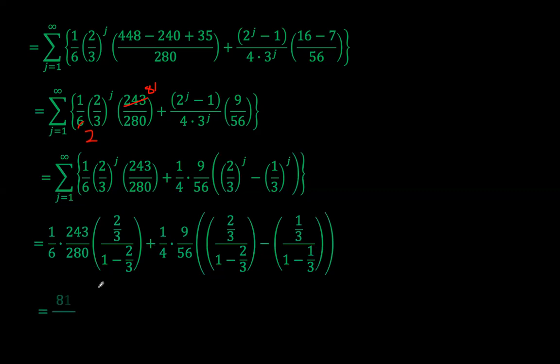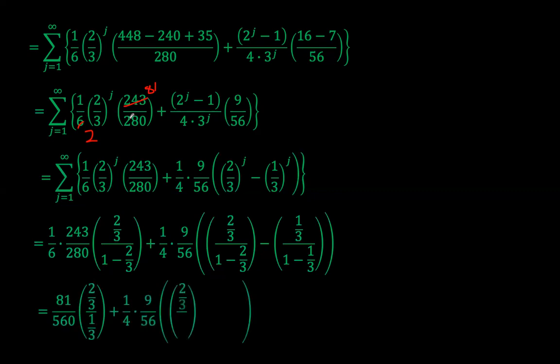Okay. So as I pointed out, we have 81 over 560 as we calculated here. And we have 2 over 3 minus a third from here. And so this 3 goes, this 3 goes, and 3 goes.